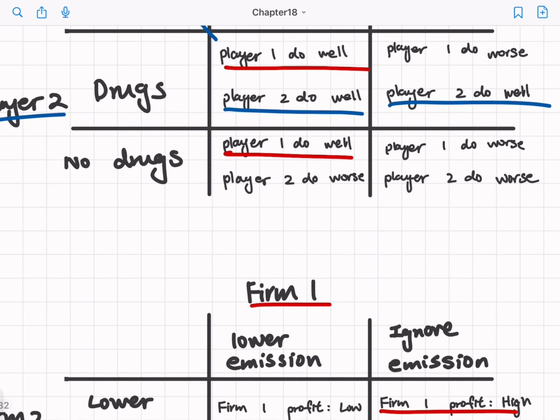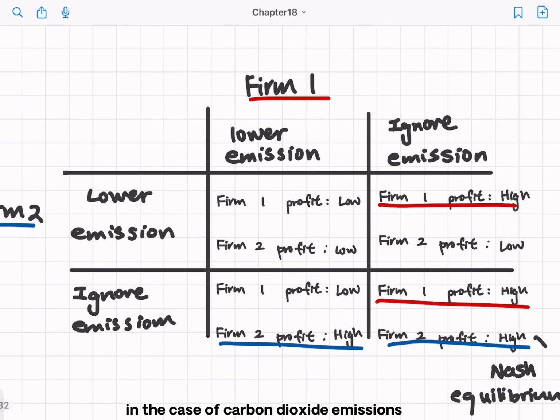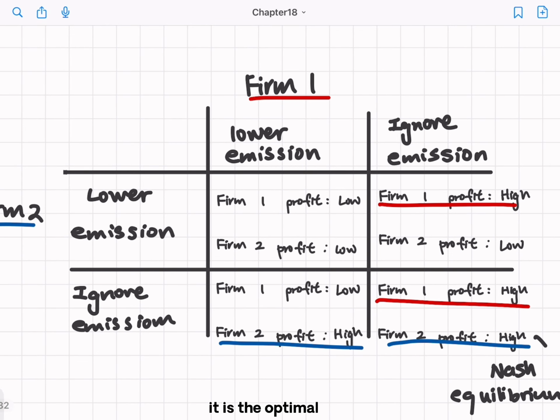Another example could be in the case of carbon dioxide emissions. It is optimal to lower emissions for the greater good of the planet. However, many companies choose not to do it in order to maximize their production and profits for their firm.